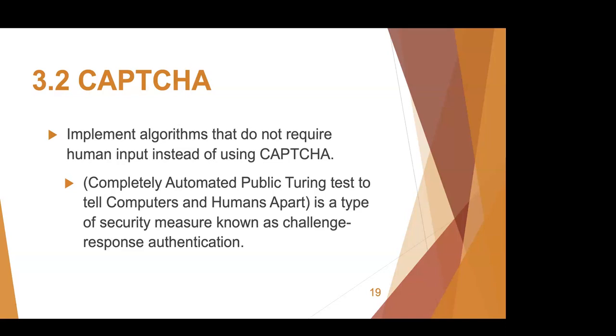CAPTCHA is actually an acronym. It stands for Completely Automated Public Turing Test to Tell Computers and Humans Apart. It's meant to use the interpretation of the human mind to basically prevent spam. So if people can interpret it and computers can't, then presumably an automated script can't go through and spam the website with new signups or other things.